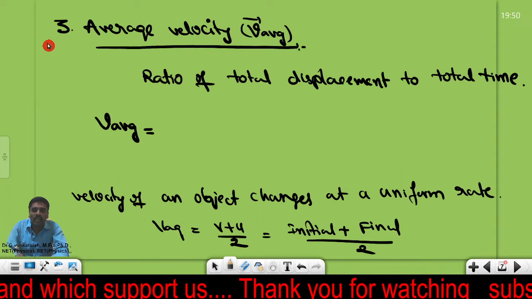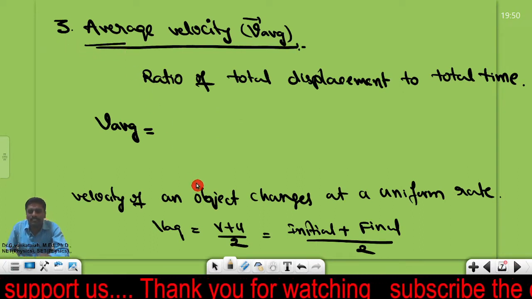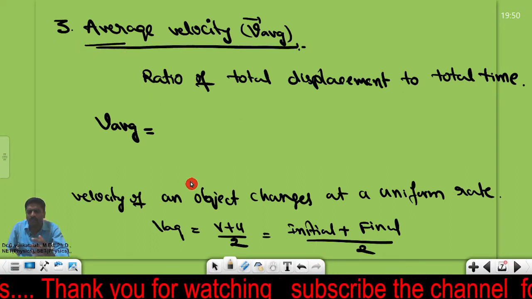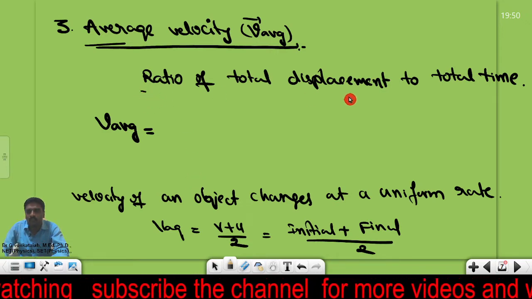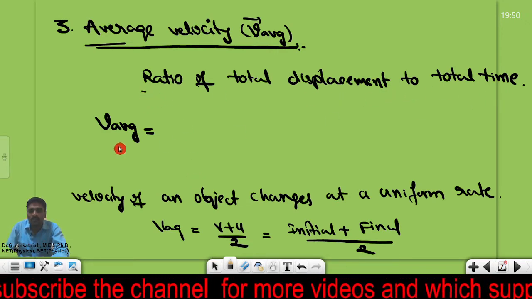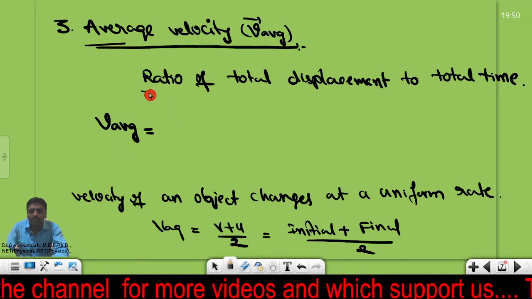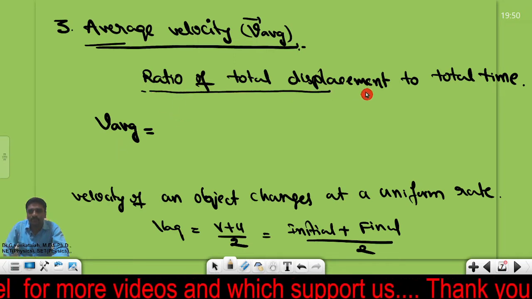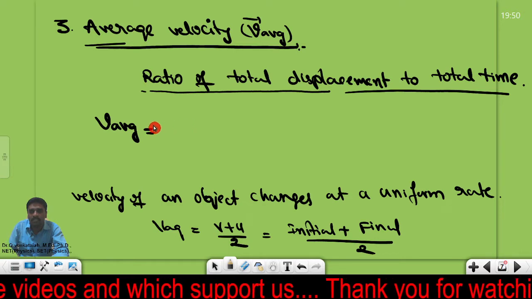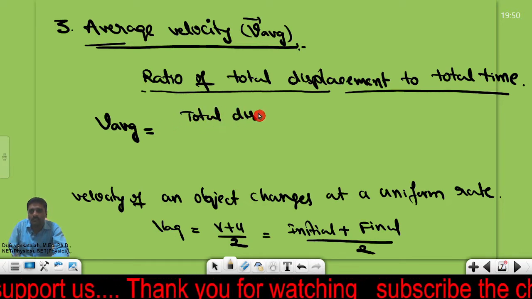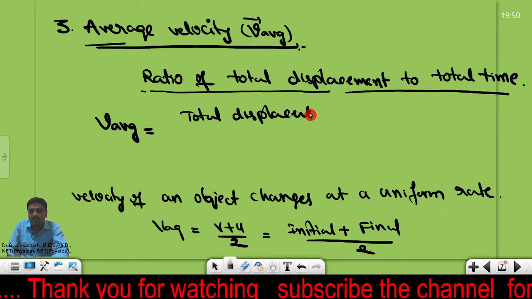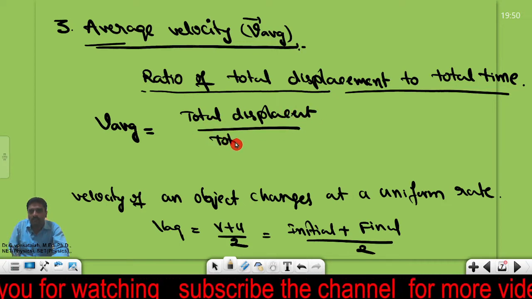Now let me go to the average velocity. We are recalling this from the average speed. Average velocity means the ratio of total displacement to the total time taken by the body. So the average velocity is equal to total displacement divided by total time.